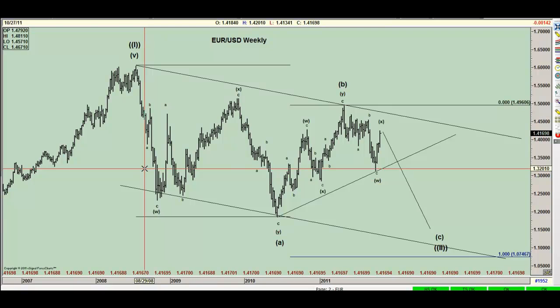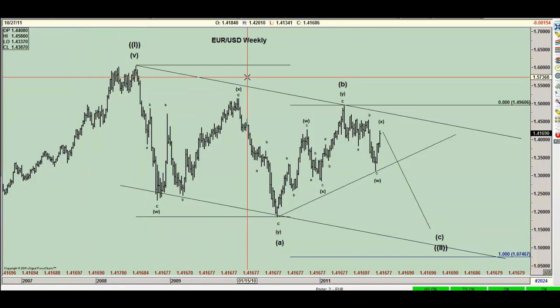The euro dollar is a risk pair. In other words, when risk and things are going well, that means that the euro dollar is trading higher.